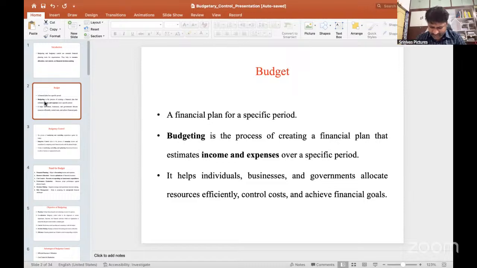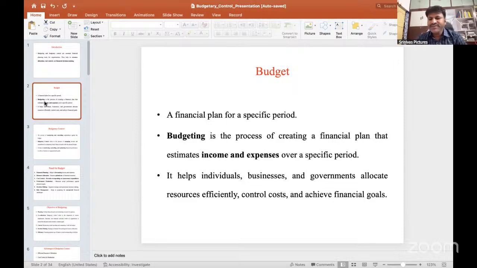What is the meaning of budget? First of all, a budget is a financial plan for a specified period, and budgeting is the process of creating the financial plan that estimates the income and expenses over a specified period.